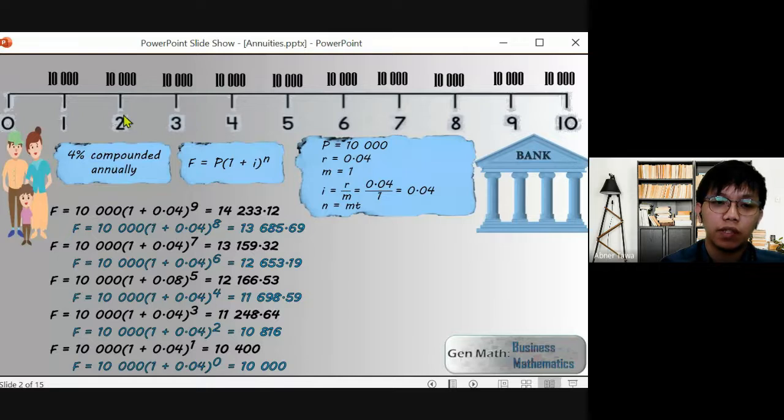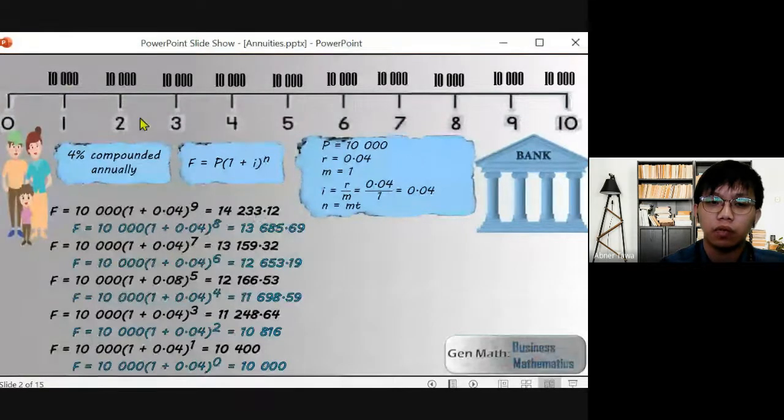Next, for the second 10,000, we have the following solution. Same value for the present value, because that is the amount being saved in the second savings, multiplied by the quantity 1 plus 0.04, same as our first solution. The only thing that changes is the value of n, because the second 10,000 is saved for a shorter time compared to the first 10,000.